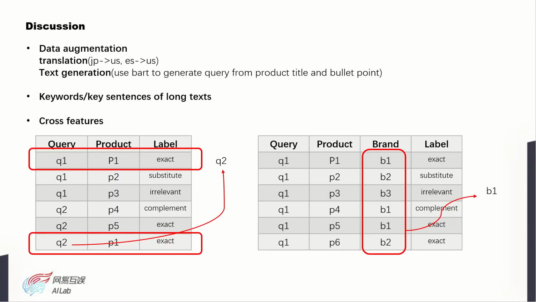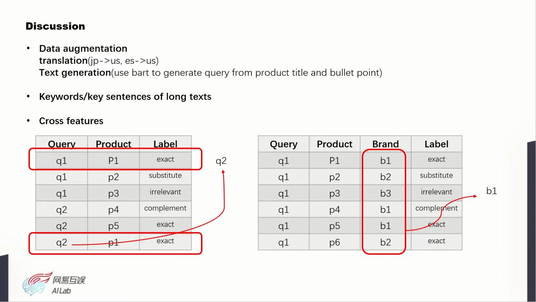In this part, we want to share some ideas that we tried but did not use in the final submission, hoping to provide some useful insights. We experimented with translation and text generation to augment the data.